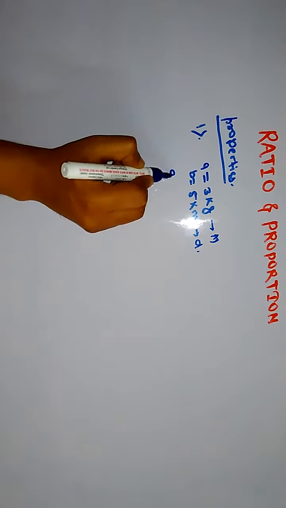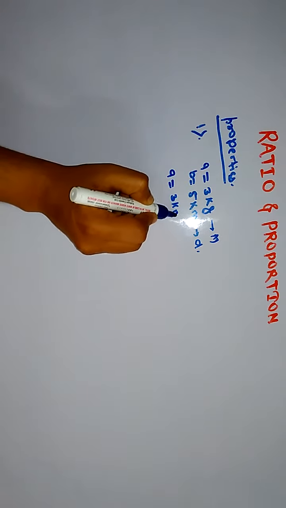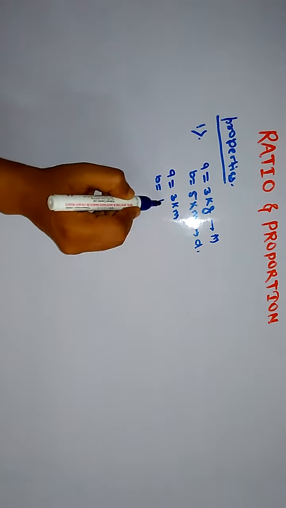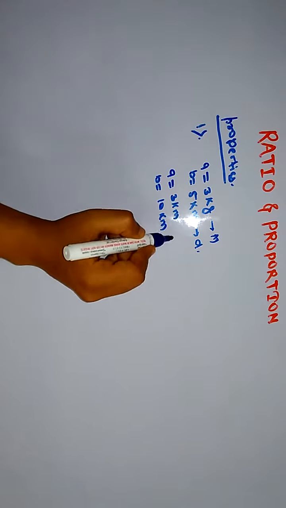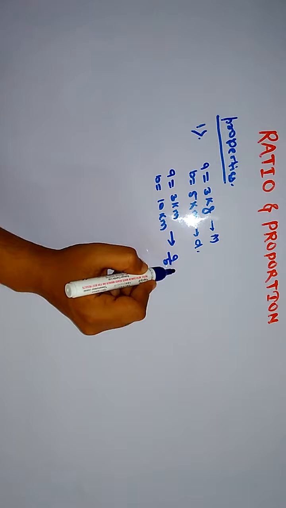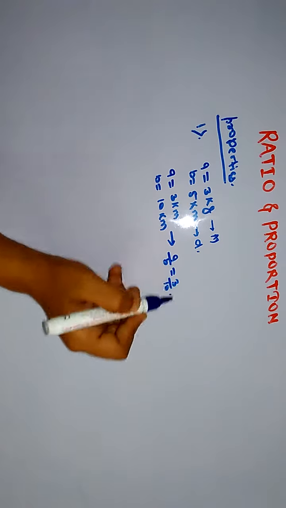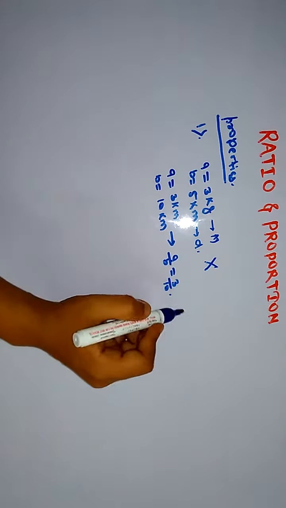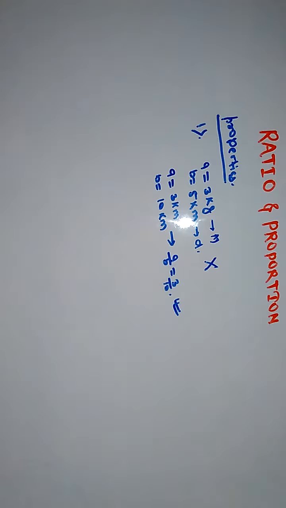But if it is given that a equals 3 kilometer and b equals 2 kilometer, then we can do the comparison and find a by b equals 3 by 2. So comparison should take place among quantities having the same characteristic.